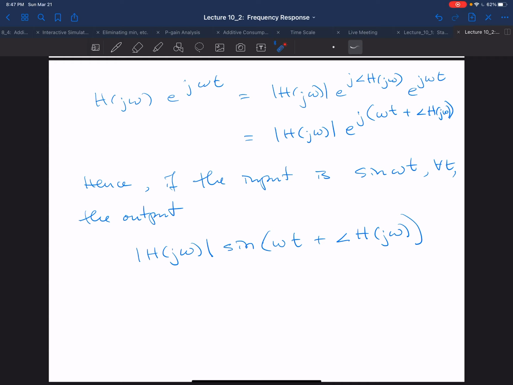You will get other sinusoids at multiples of the frequency ω. With an LTI system, you just get a single sinusoid at the same frequency, but its amplitude and its phase are changed in this very simple way that just depends on the value of the transfer function at s equals jω. So that again is why H(jω) is called the frequency response.